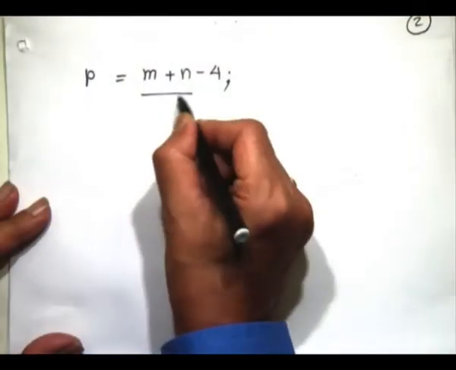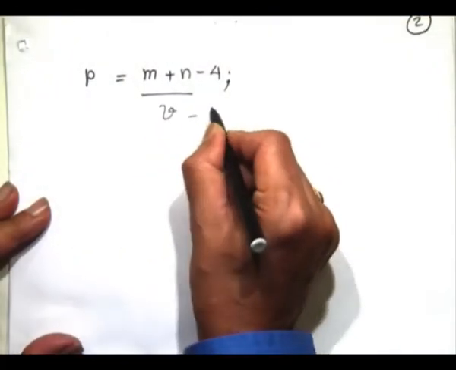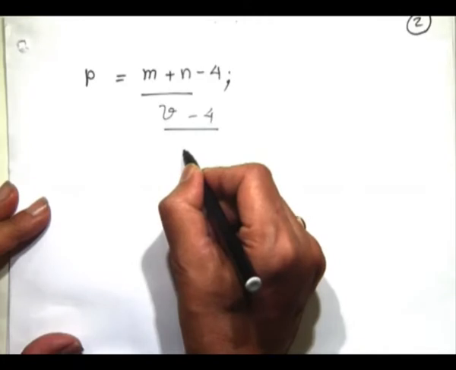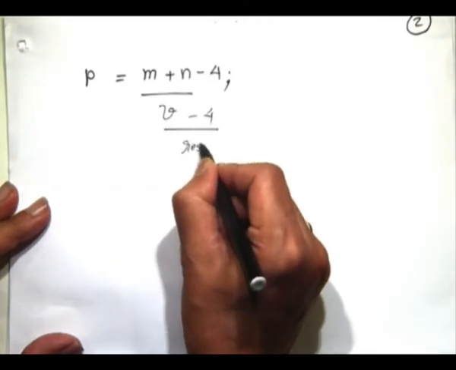So the rule of C++ is that if there are operators at the same precedence level, then within those operations, the associativity rule will take care of evaluation. So in this case, the associativity is left to right. What it means very specifically is that first this will be evaluated, some value will be found out, and then this will be evaluated to find the result.